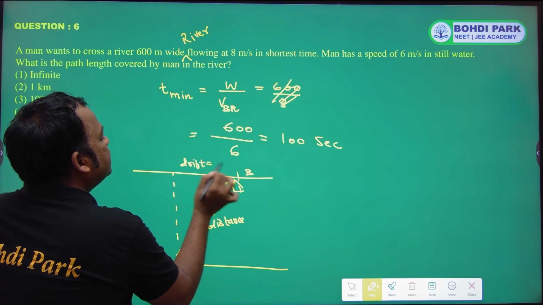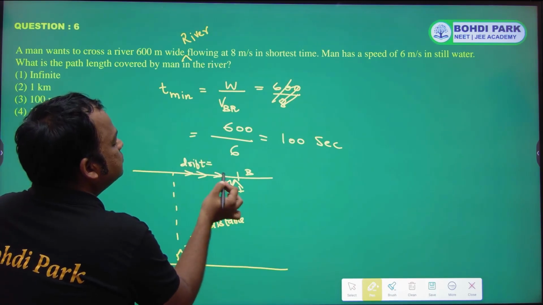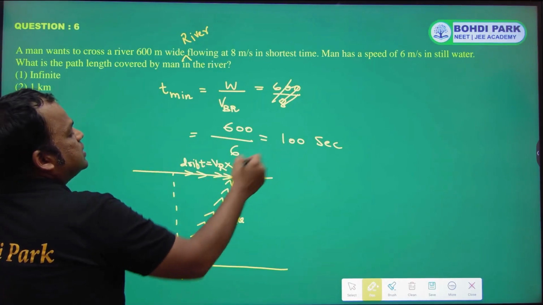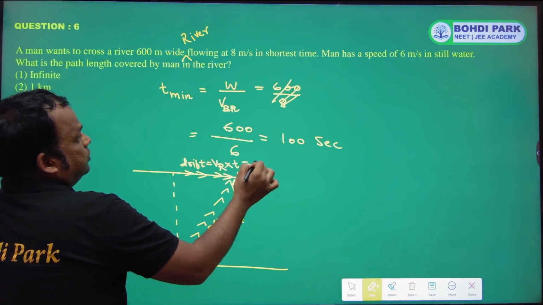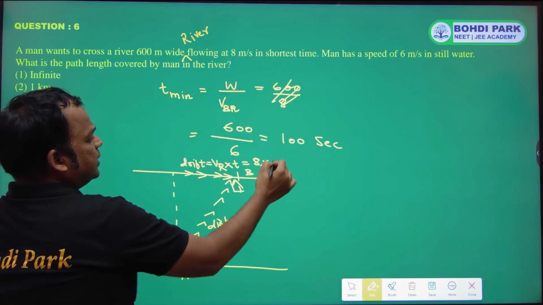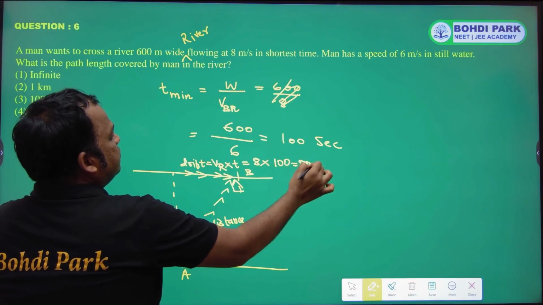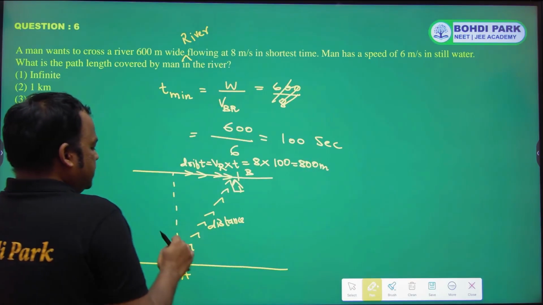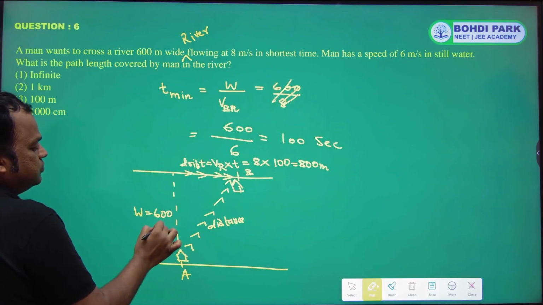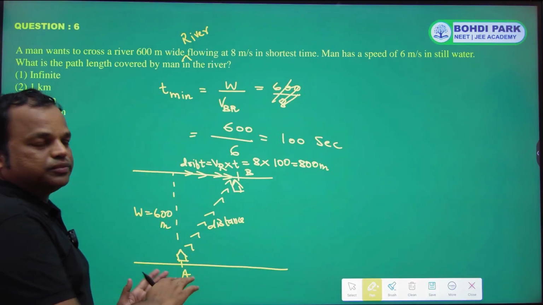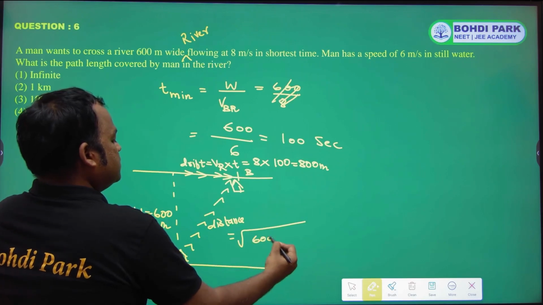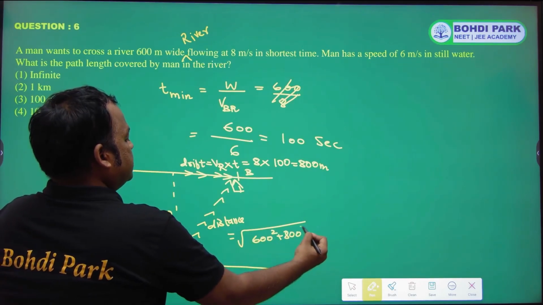Drift along river is equal to velocity of river into time, which is 100 seconds. So river velocity is given 8, time is given 100. So drift is 800 meter, and the width of river is 600 meter. So we can use Pythagoras theorem. So distance is equal to square root of 600 square plus 800 square.